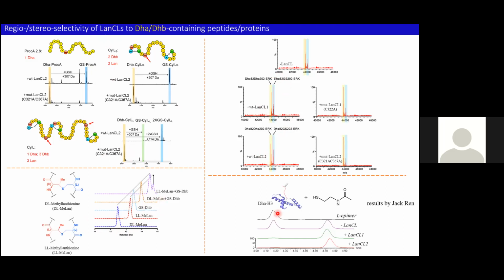Recently, our group members are also working to expand the substrate pool of these enzymes. Here we're using N-acetylcysteamine to add to different protein models, for example, DHA containing histone H3 proteins. Without the enzyme, the addition to the DHA should be 50-50% in D form or L form.